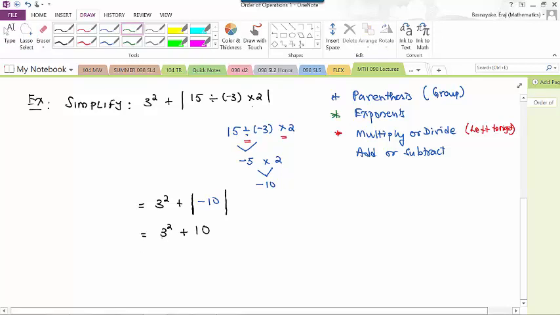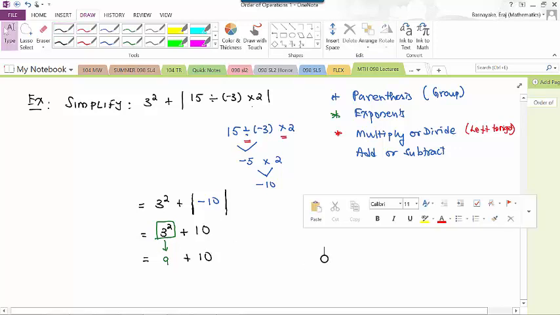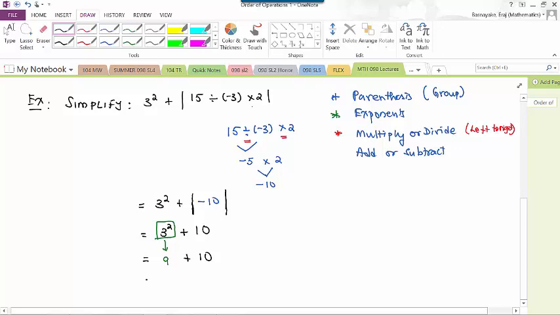So I'm going to now do the exponent part. And then finally, to finish the problem, I'm going to simply add the 9 and the 10 and get myself my answer, 19.